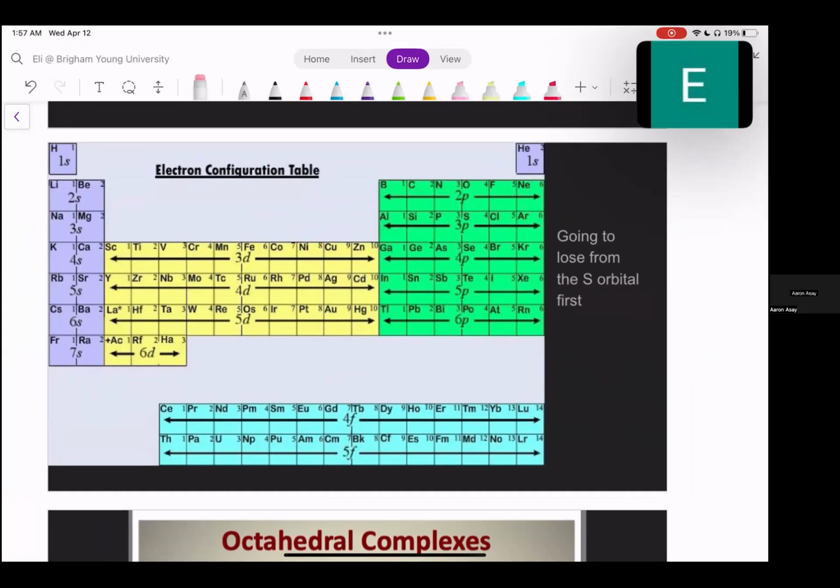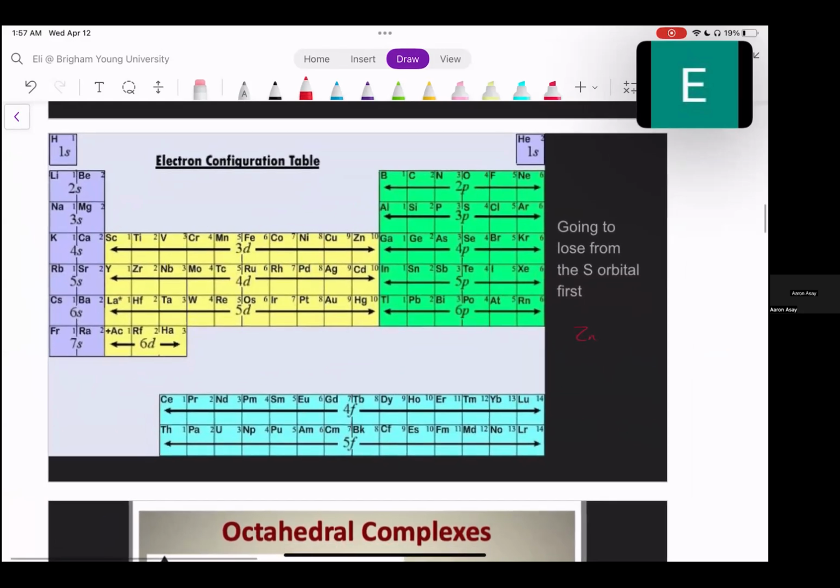If we had just zinc, the number of d electrons would be 10, because we're able to count 1, 2, 3, 4, 5, 6, 7, 8, 9, and 10. What gets confusing though, or what can trip people up sometimes, is when we have a charge. When these metals have lost electrons, when they've been oxidized, they're going to have a positive charge.